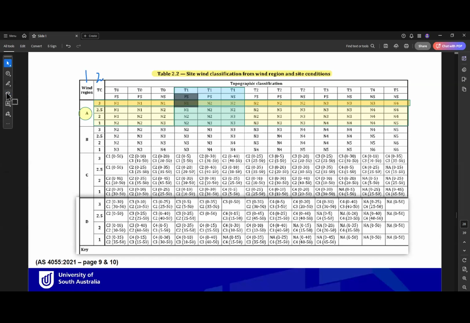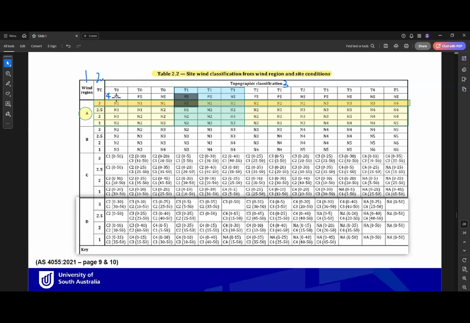Number three, the topographic classification. Number four, and the last, as you can see here, the shielding class.